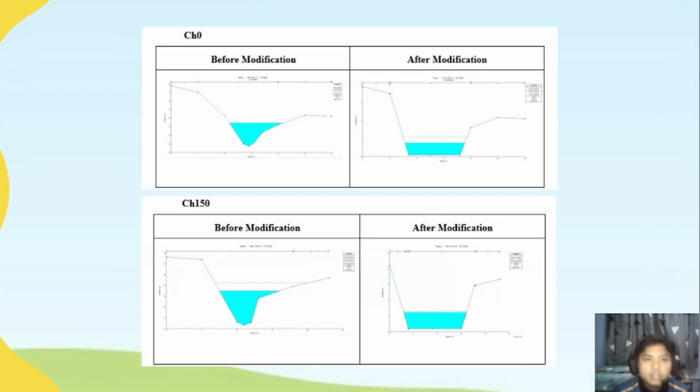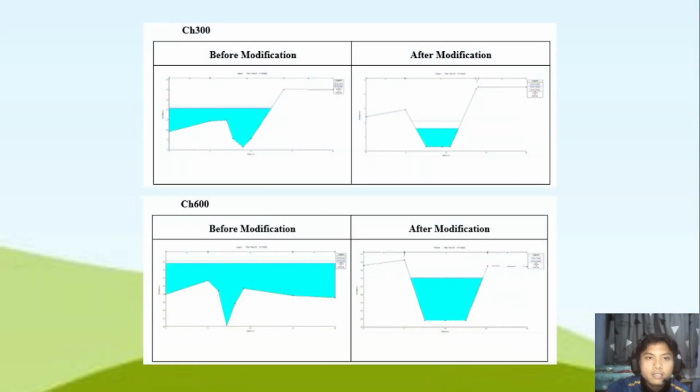So this is the check for chainage 0 before modification, and after we modified it using the coordinates, the river looks just like that. Chainage 150, chainage 300 before modification, after modification. Chainage 600, the water is in the river, all of it under the line.